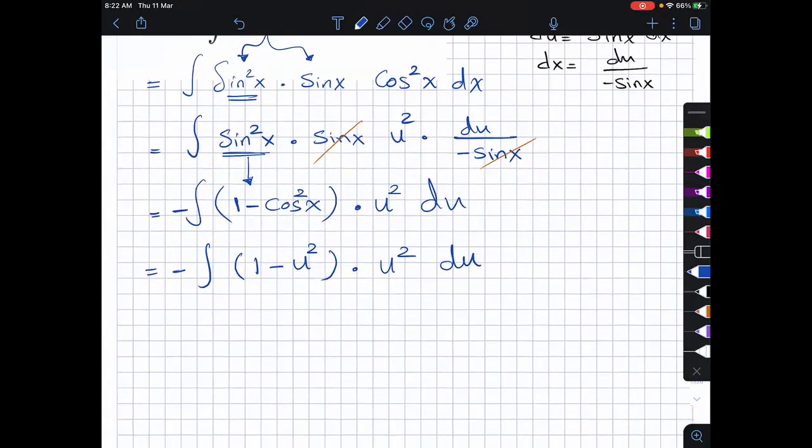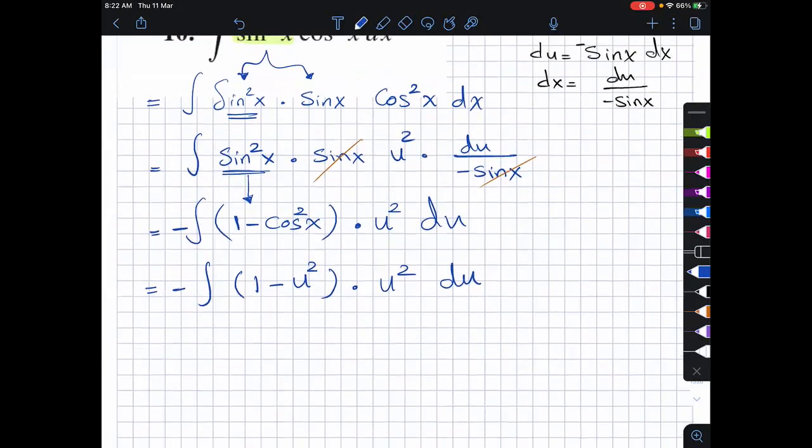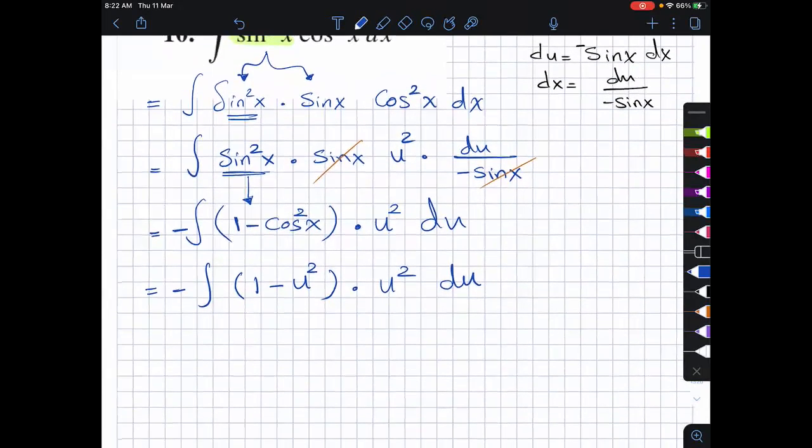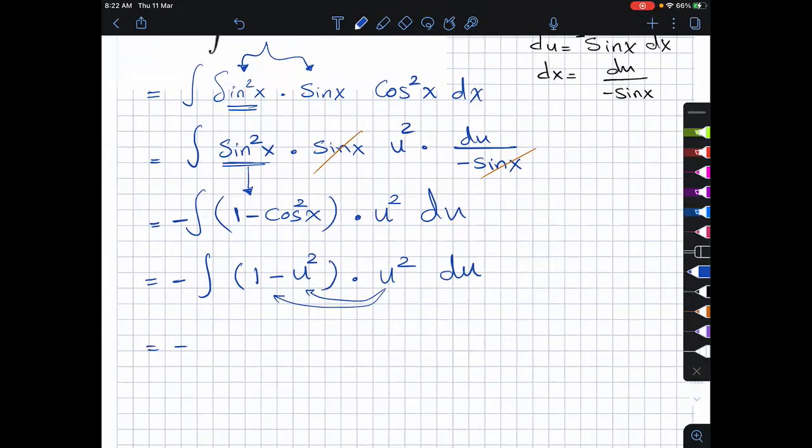Then we can expand them. It will be negative integral of u squared minus u to the power 4 du.